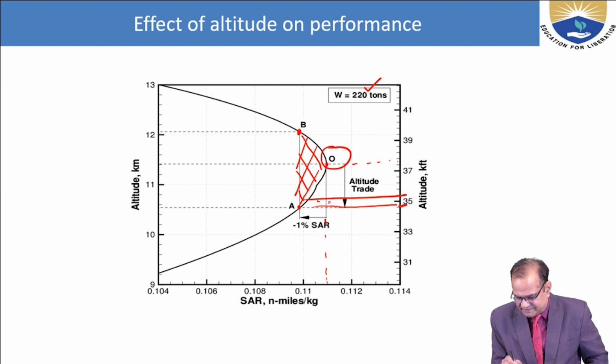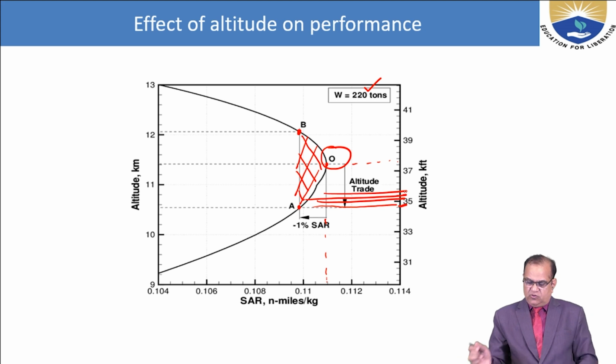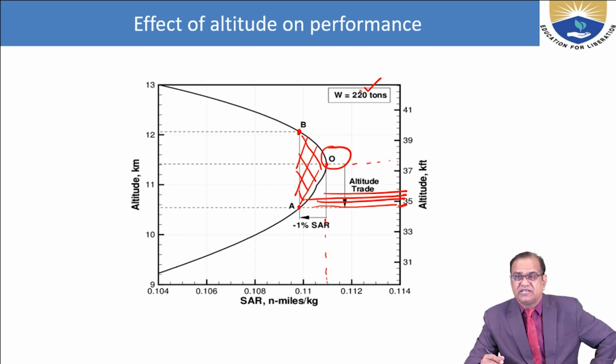Mostly they will fly here. So this depends upon the weight. If the weight is less, they can go to a higher altitude. They can fly somewhere here, here and here. If the weight is more, they will fly here, here and here.